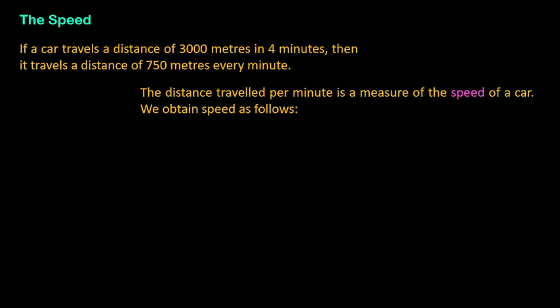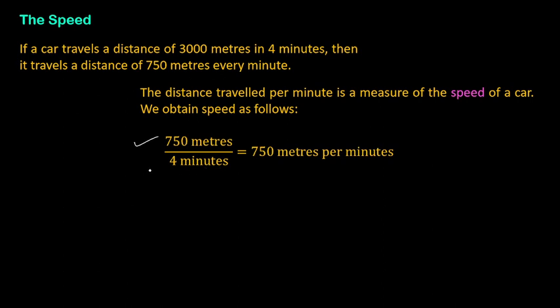We obtain speed as follows. We simply divide the distance of 3000 meters traveled by the time 4 minutes taken and we get 750 meters per minute. This is the measure of how fast or how slow the body moves.